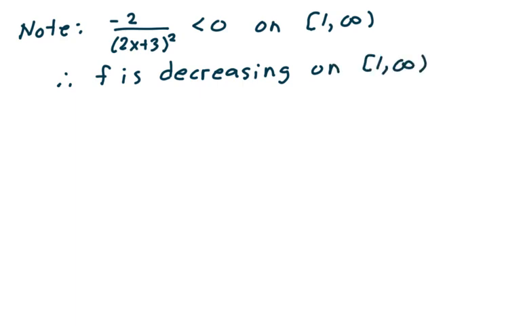And because that function is decreasing on 1 to infinity, what that tells me is that a sub n is greater than a sub n plus 1 for n greater than or equal to 1. If the function is decreasing, essentially the discrete function will also decrease.